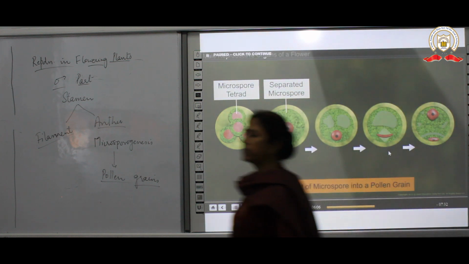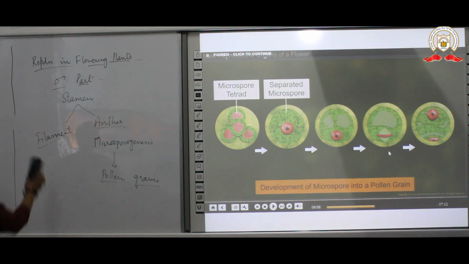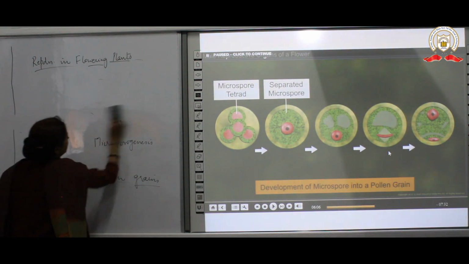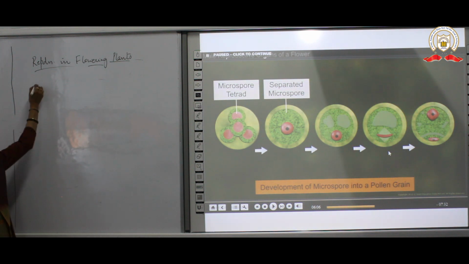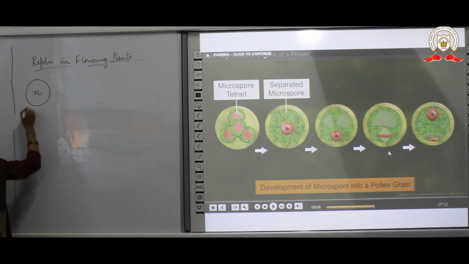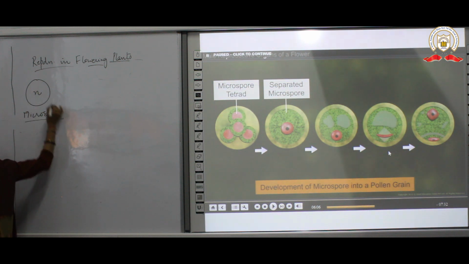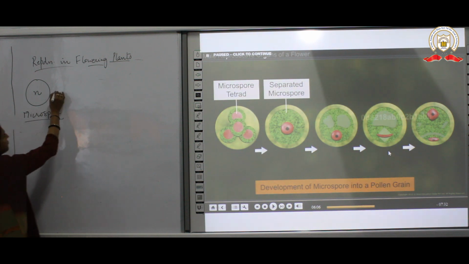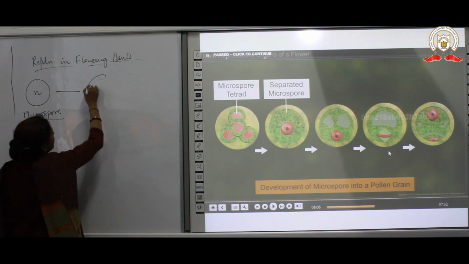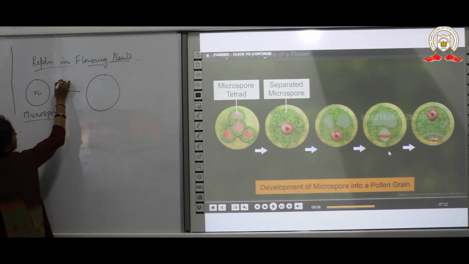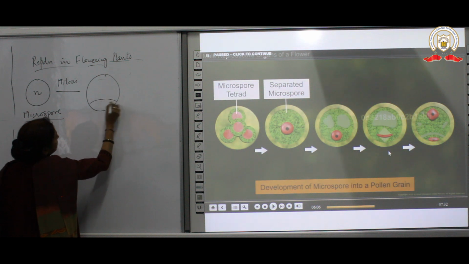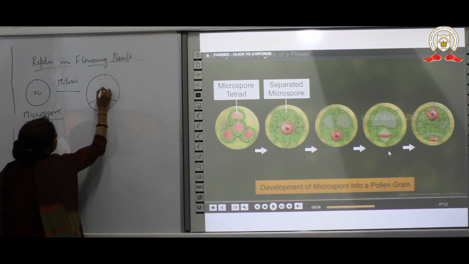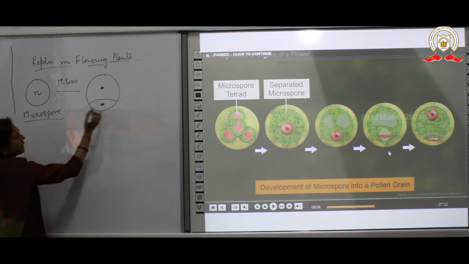Now let's have a look at how this microspore develops into a pollen grain. Each microspore is haploid. It will give rise to two cells of different sizes, and the process will be mitosis.